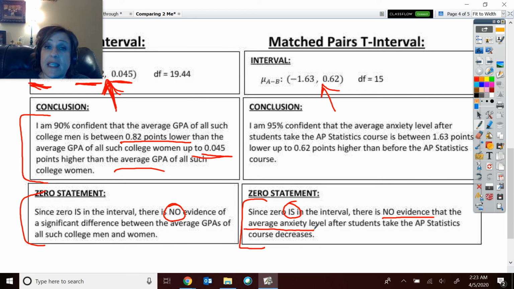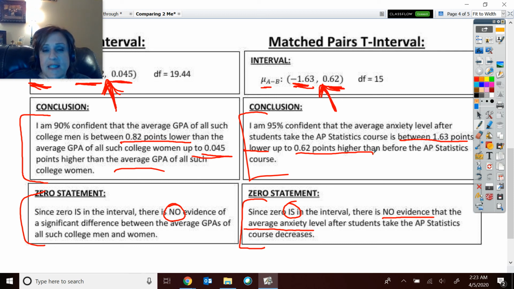Specifically, the way these numbers would be addressed is saying that after the course, it could go down this much on average, or it could go up this much on average. So I'm 95% confident that the average anxiety level after students take the class could go from 1.63 points lower anxiety up to 0.62 points higher anxiety.